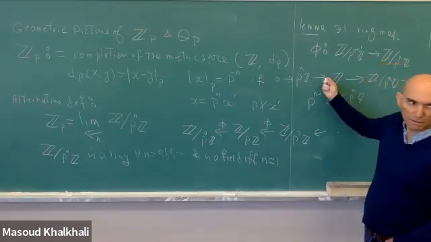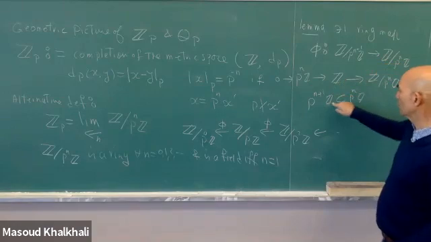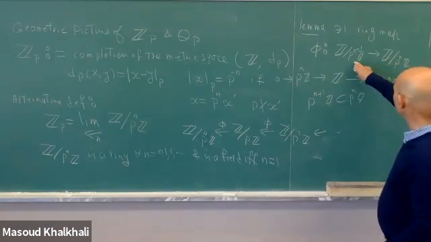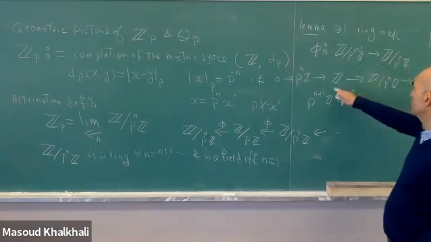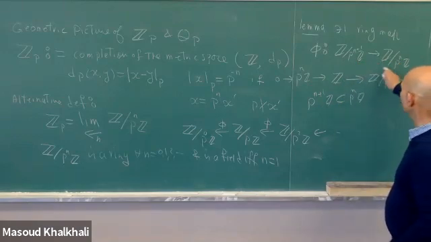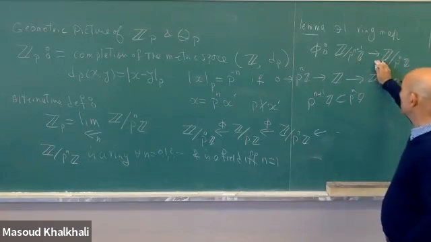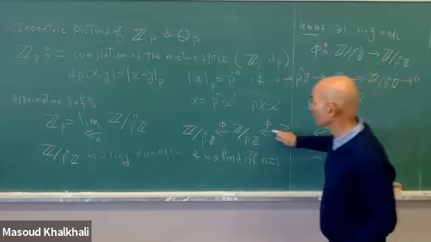So you can descend, go to the quotient, and you get a map here. Uniqueness is easy because you just look at 1. So there is this unique ring map for each n, and this is about it.